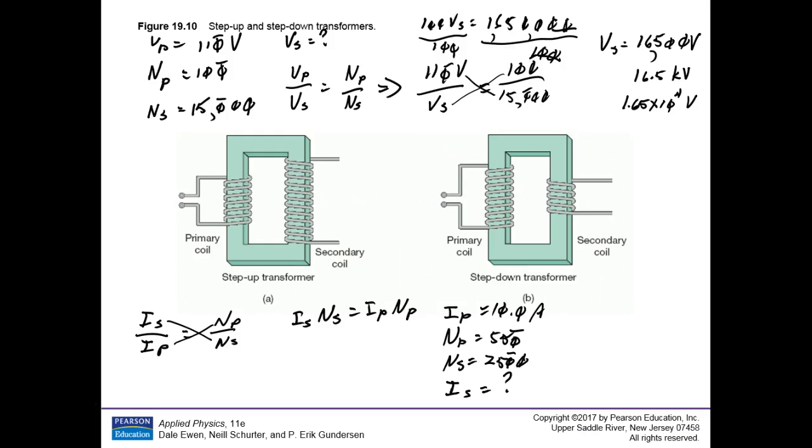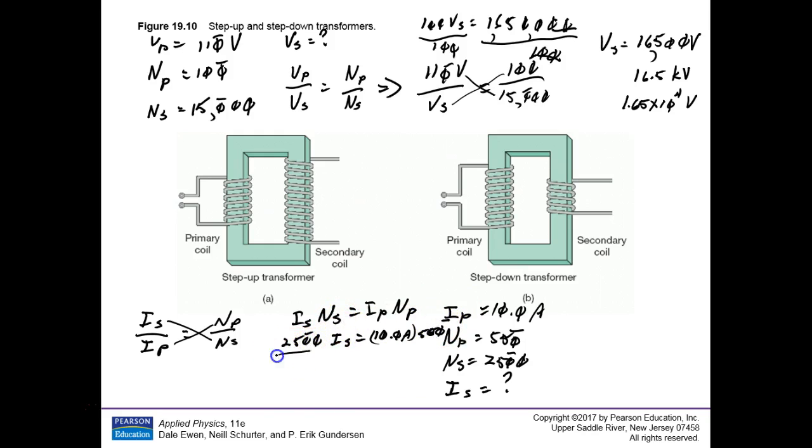Well, you can let the math do the work for you if you don't want to do it yourself. Now, I like that second formula because it's just set up perfectly for you. N sub S is 2,500 times I sub S is equal to I sub P, which is 10.0 amps, times 550 turns.